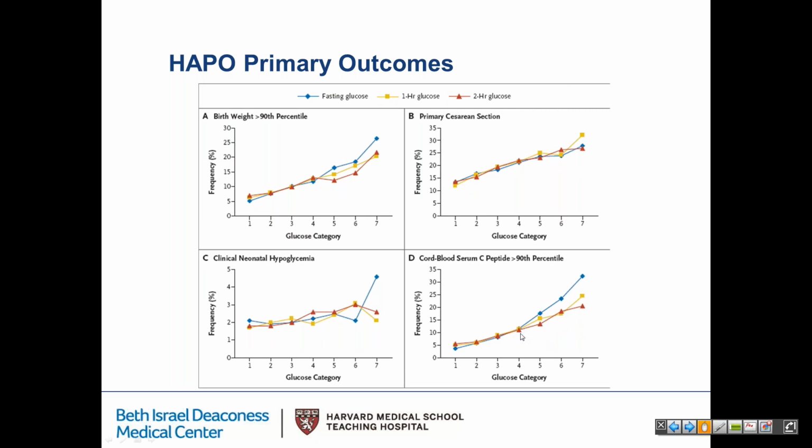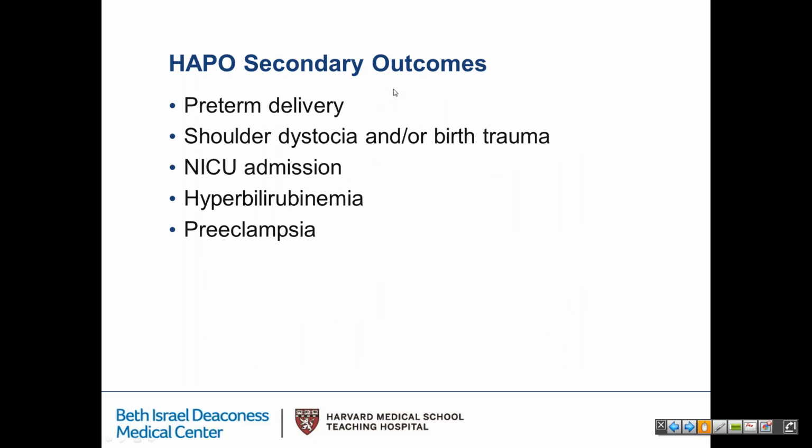So all of this is to say, well, I should also say that the secondary outcomes were also statistically significantly associated with maternal glycemic category, and that included preterm delivery, shoulder dystocias and birth traumas, rates of NICU admission, rates of hyperbilirubinemia, and rates of preeclampsia.